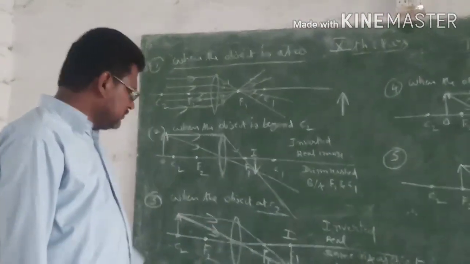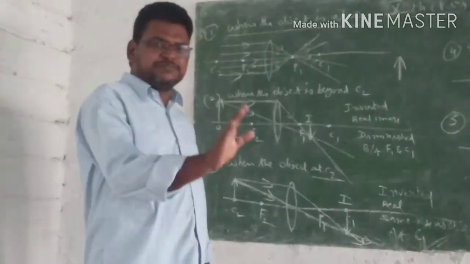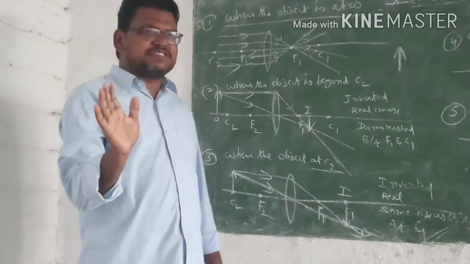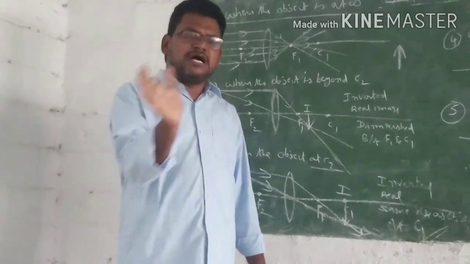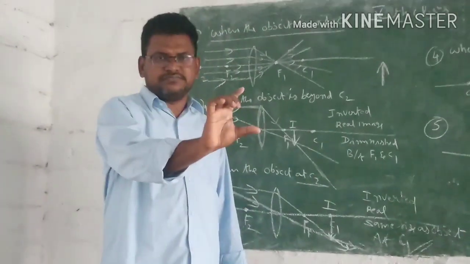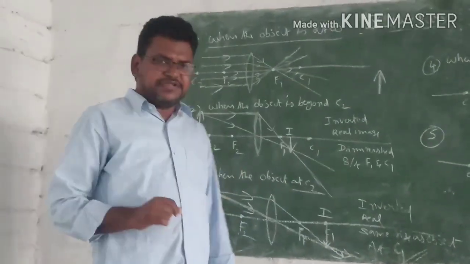So this is a very important case. When the object is at C2 on one side of a lens, then the convex lens can form its image at C1 on the other side of the lens in the same dimension, that means in the same size. So this is very important.